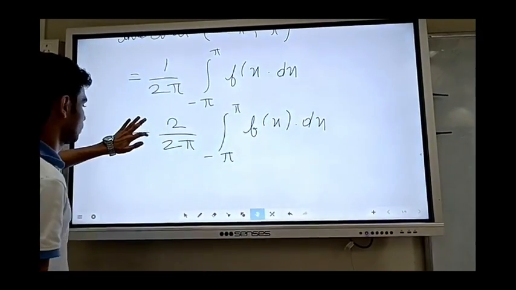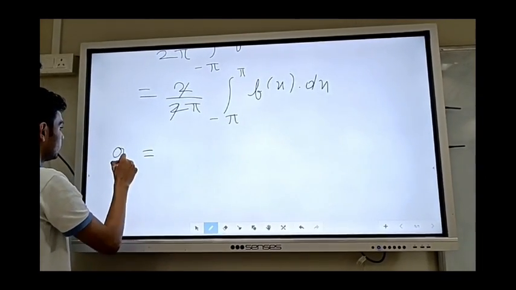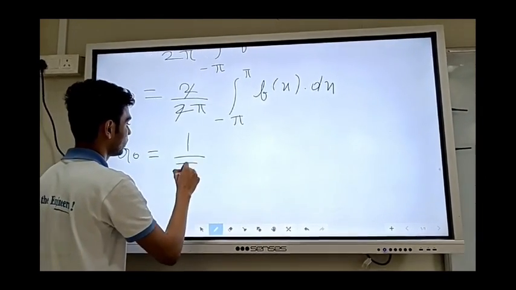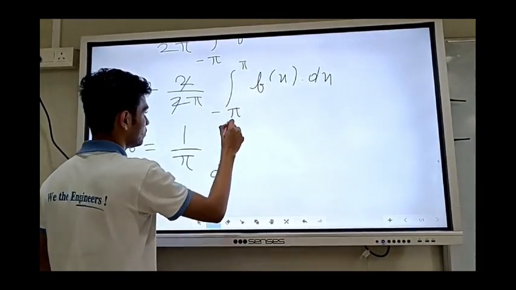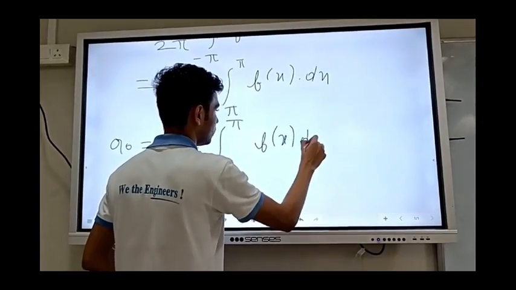After solving this, we get a naught equal to 1 upon pi integration, where the limits can be changed to 0 to pi, so it goes for f of x dx.